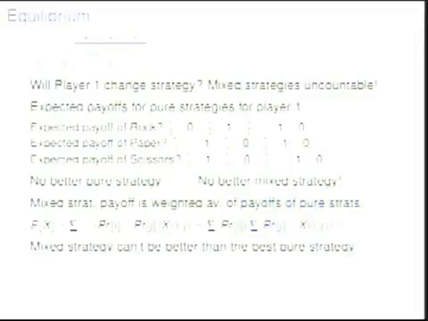So whatever the maximum of these values is, that's where you should put your probability. And if none of those values is larger than the payoff you're getting now, you know you're optimal. So you only need to check pure strategies. The mixed strategy can't be better than the best pure strategy. I'm just plugging it into the equation.